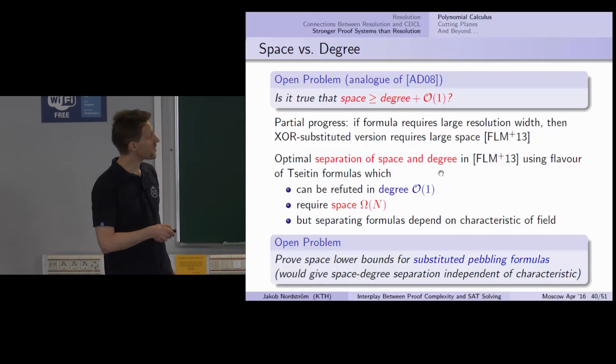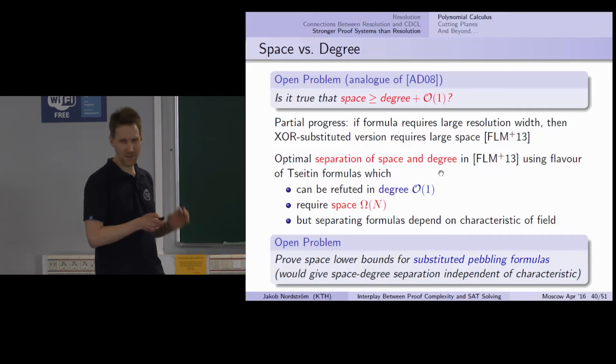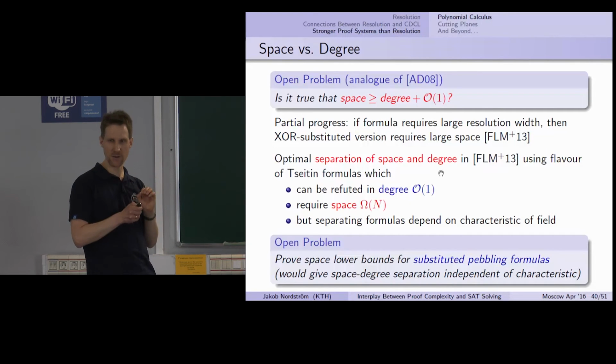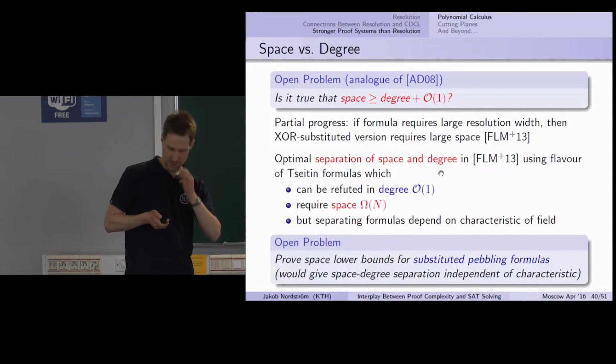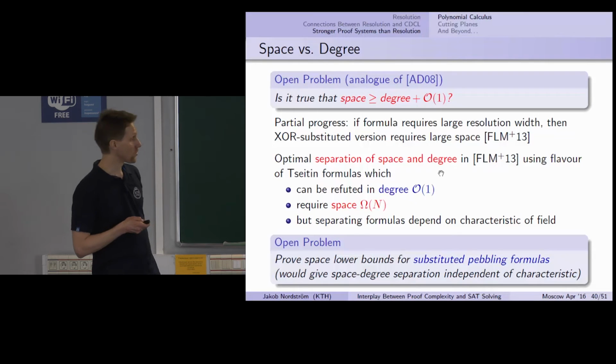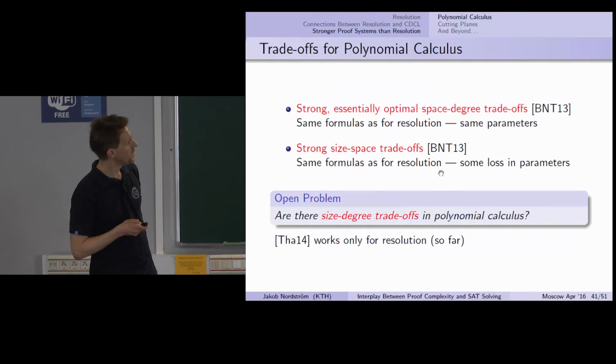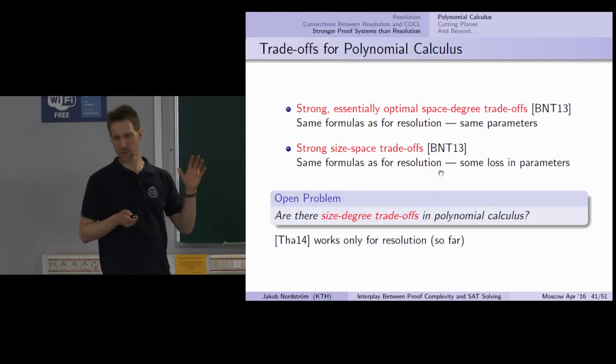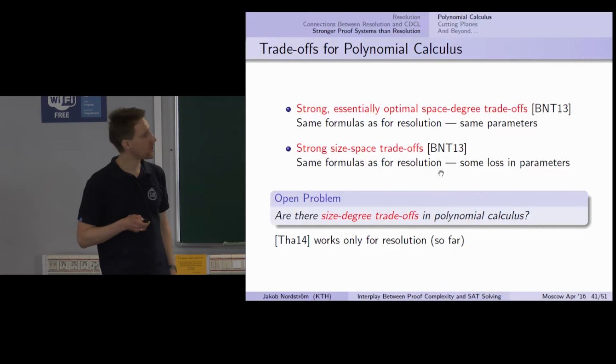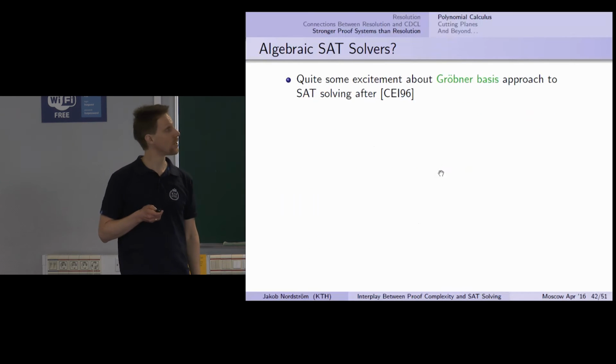We have the same for polynomial calculus, but that's a result that depends on the characteristic of the field, which is very annoying. So you'd like to get a space-degree separation that is independent of the field, and this we don't know how to do. And with respect to trade-offs, the same kind of results hold as for resolution.